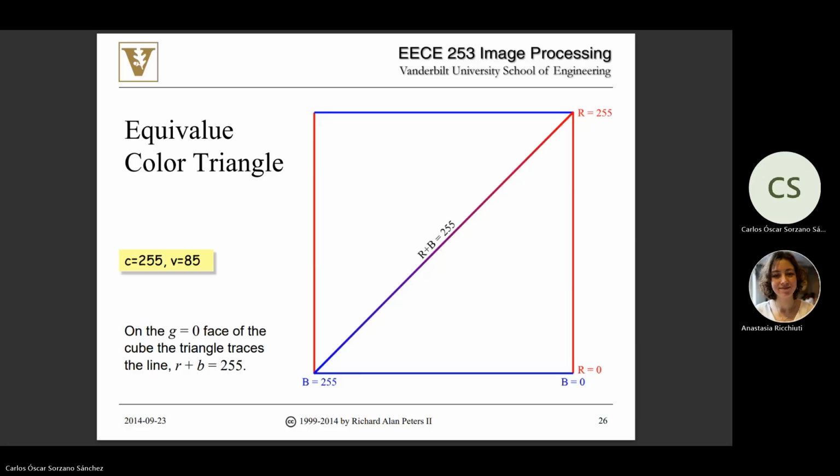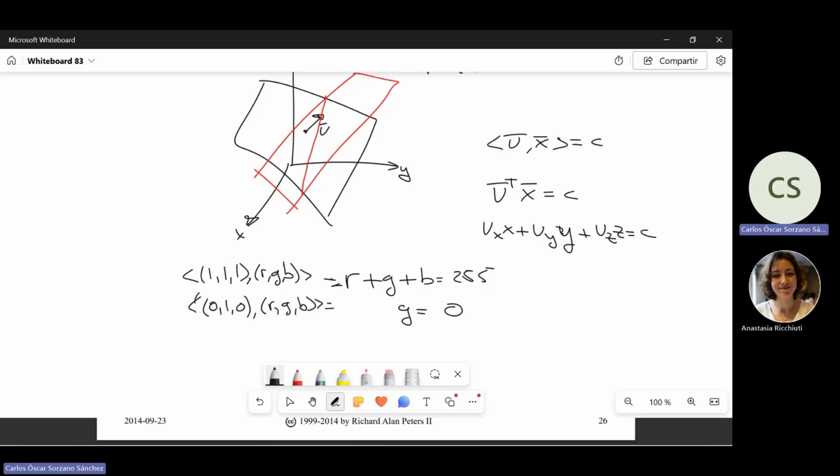So how is the intersection? How do all the colors in that line look like? All colors belonging to that line are of the following form.